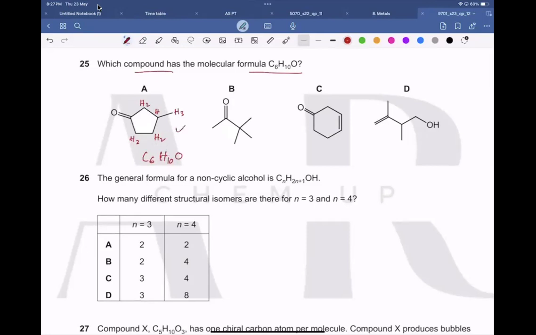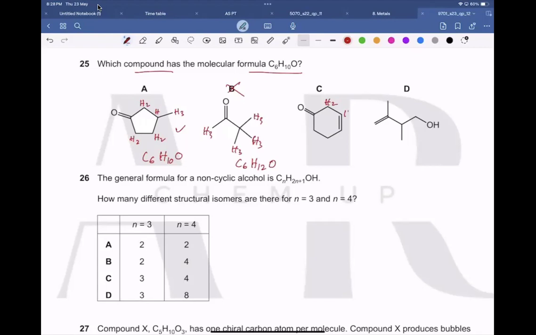So it seems to be correct. Let's have a look at this one. It's three hydrogens over here, three hydrogens over here, three hydrogens over here. So it's C6H12O. So B goes wrong. And if you see over here, two hydrogens, one hydrogen, one hydrogen, two hydrogens, one hydrogen. So C6.